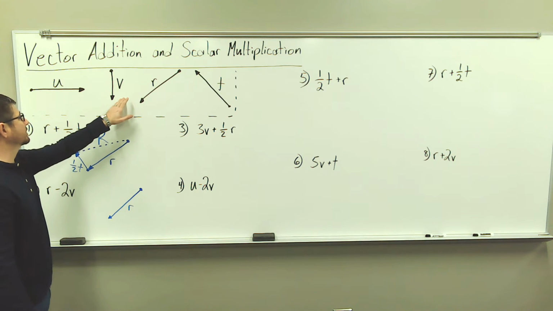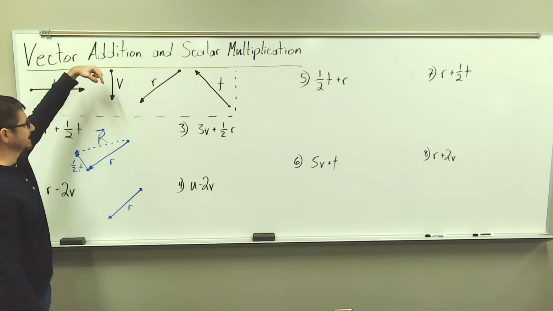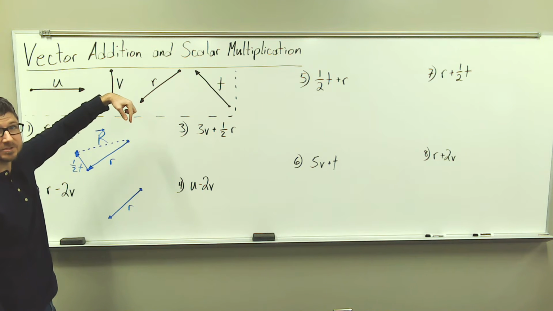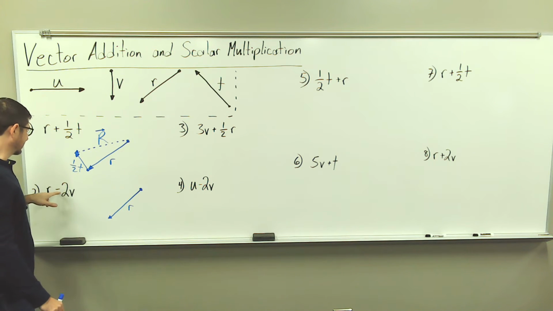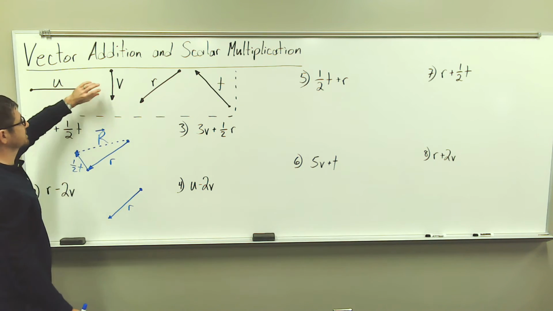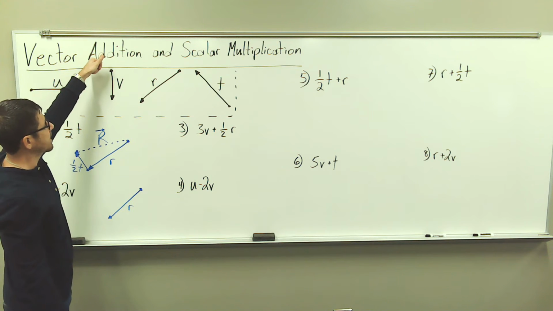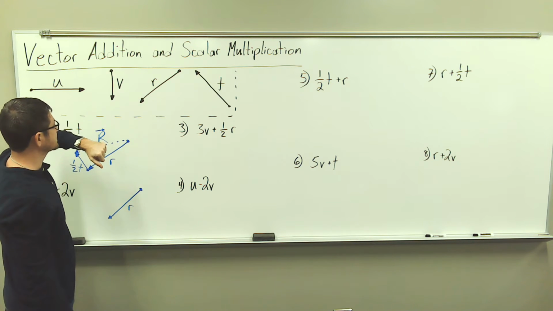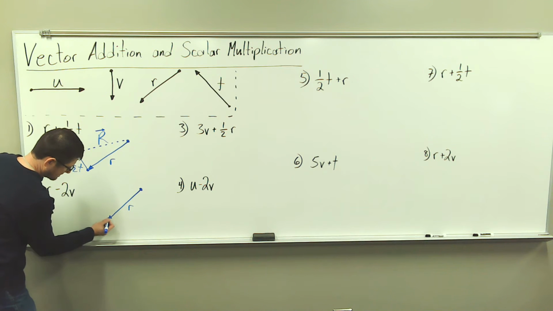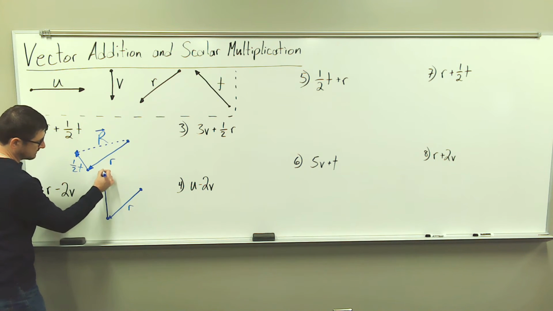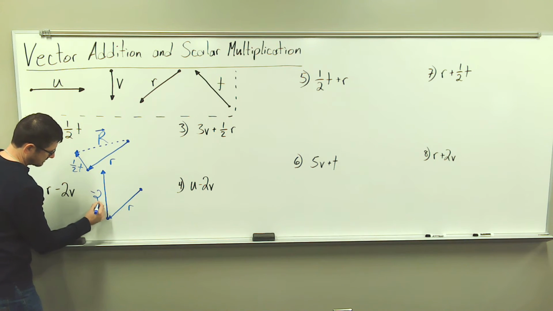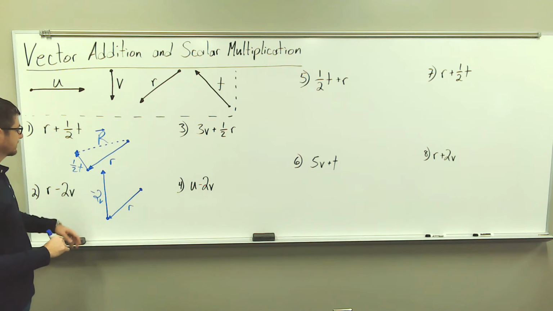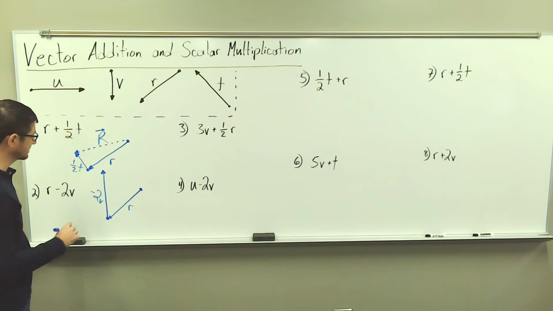So right here we have vector v pointing down in a negative y direction. And so it's minus 2v, so it's the opposite direction and twice the magnitude. Okay, so opposite direction and twice the magnitude.